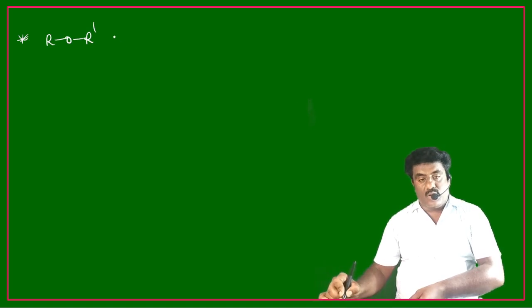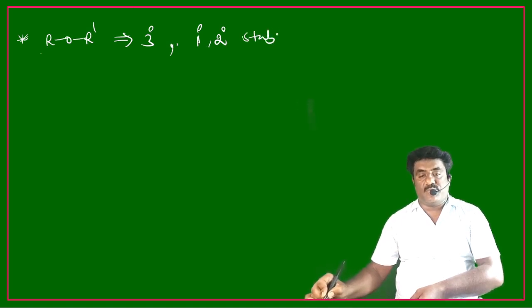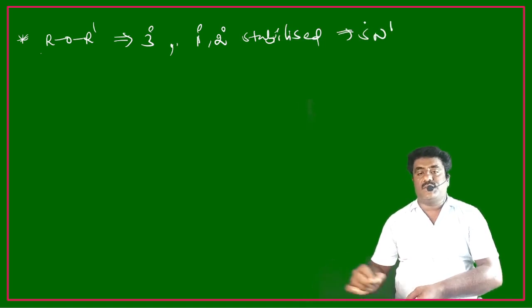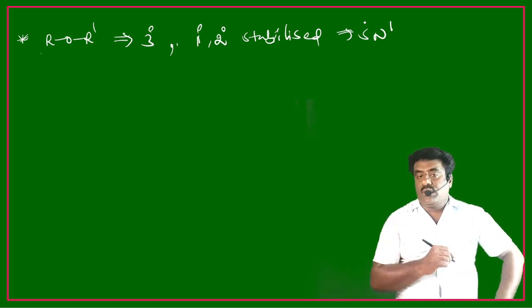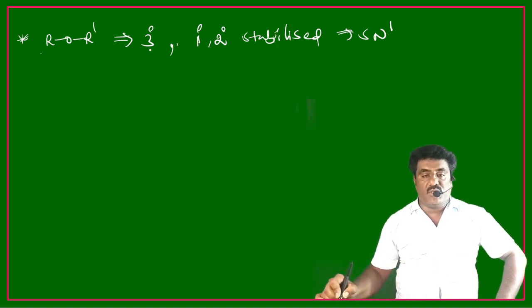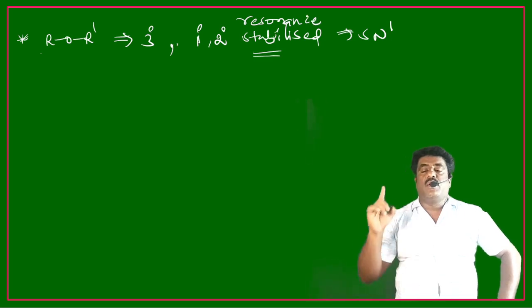See, if ROR is important. If R is tertiary, or primary or secondary but resonance stabilized, it undergoes an SN1 reaction. This is the trick to identify whether an ether undergoes SN1 or SN2. Tertiary, or primary or secondary resonance stabilized carbon undergoes SN1.